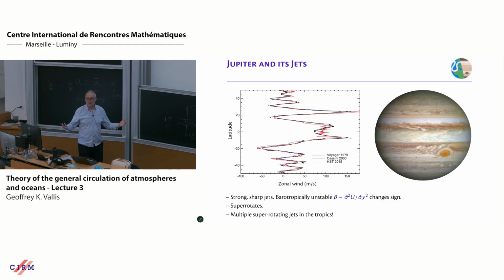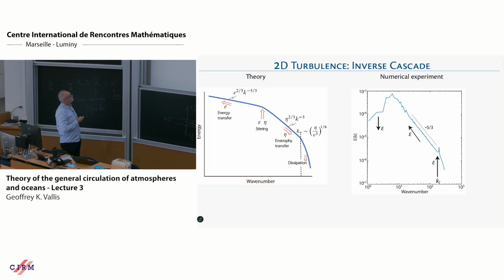Jupiter is being heated very rapidly beneath, and convection is bubbling up into the weather layer where we see what's going on. And so the energy sources are at very small scales.